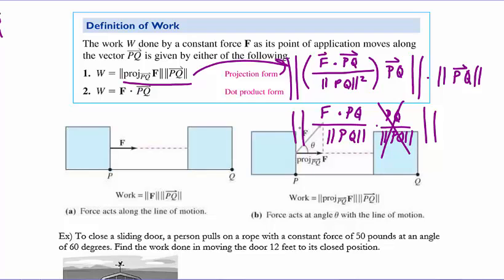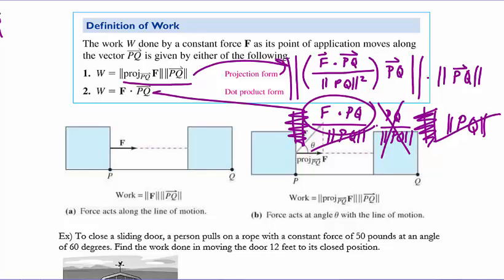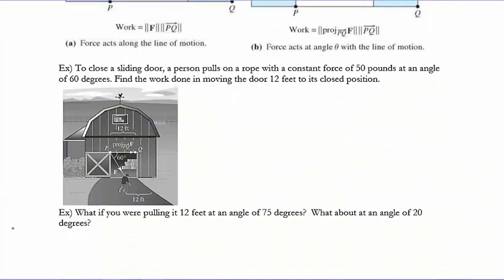The magnitude of a unit vector times this coefficient is just the coefficient itself times the magnitude of PQ. Well, wait a minute, there's one there and one there. I just end up with F dot PQ. If you didn't follow all that, it's okay. You really just need to know that work is F dot PQ, where F is your force vector.